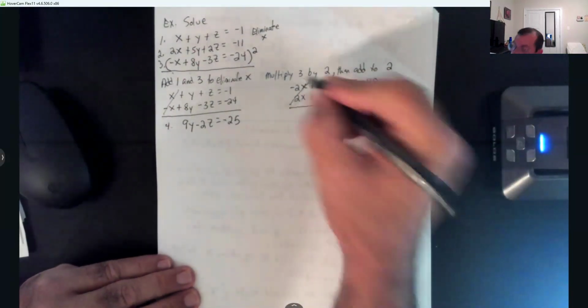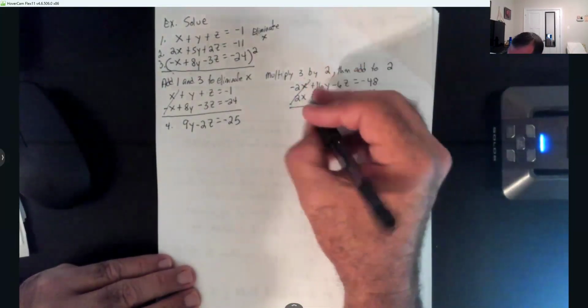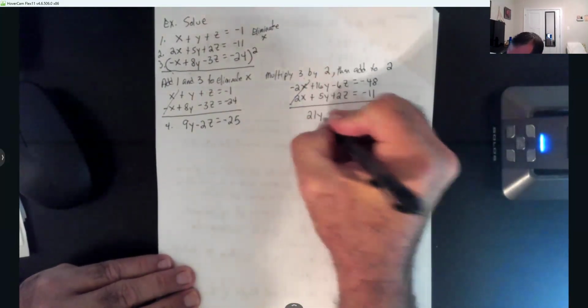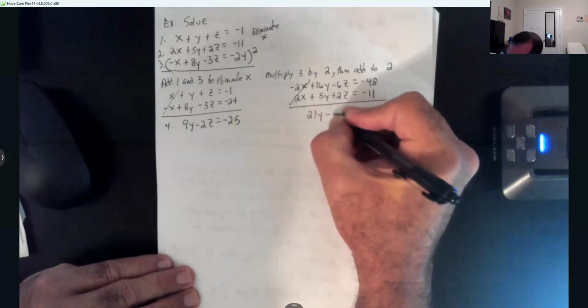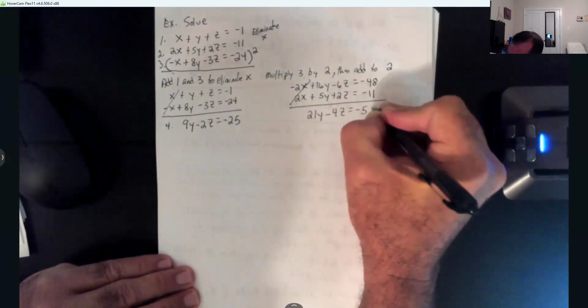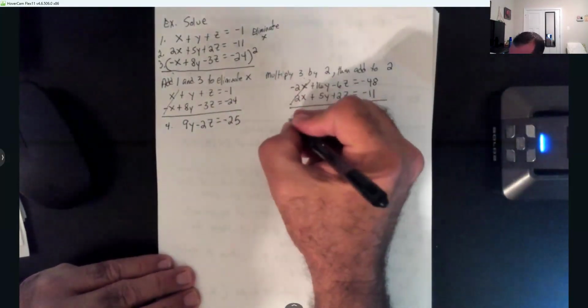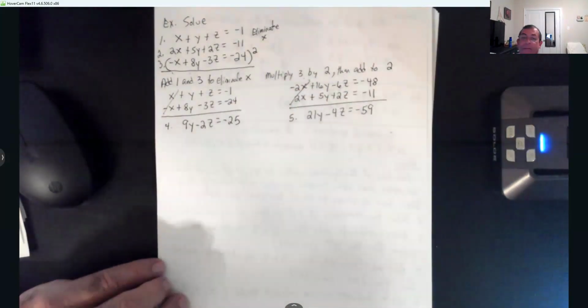But y'all look at that. X's are gone. 16 and 5 gave me 21Y. -6 and 2 gave me -4Z. And that equals -59. This new equation, I'm going to call my equation 5.